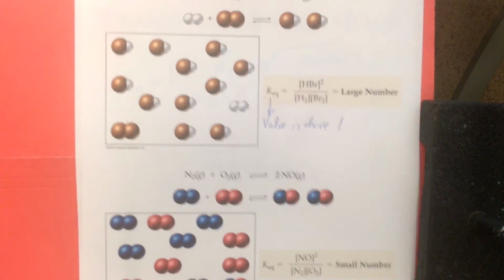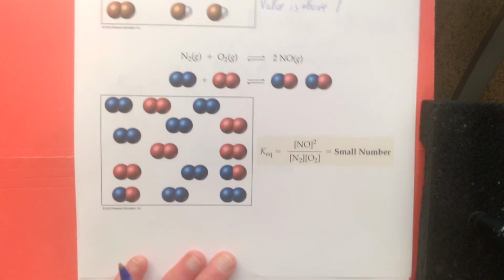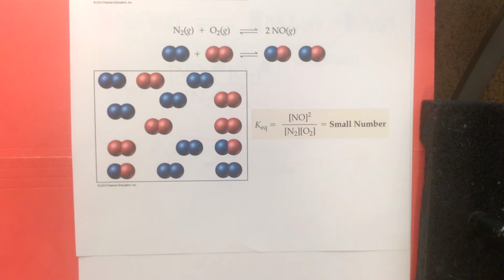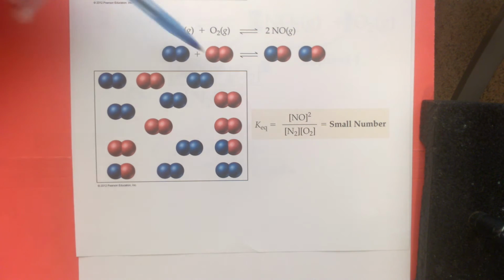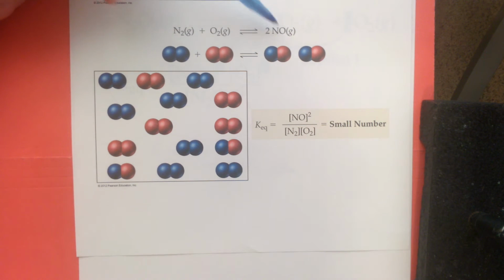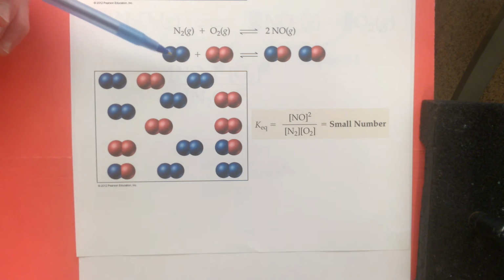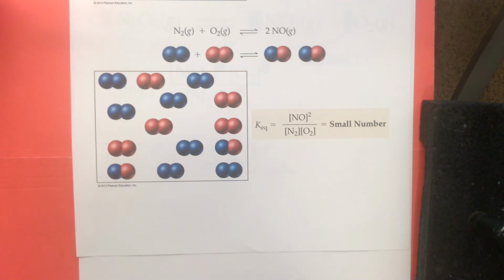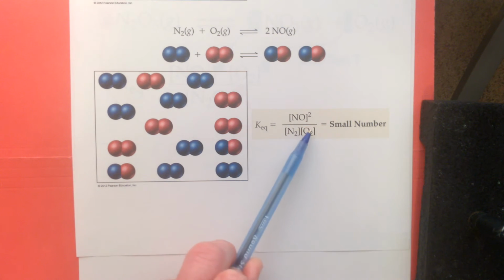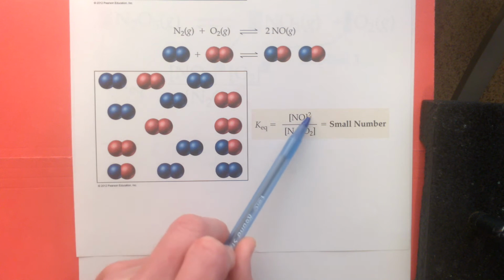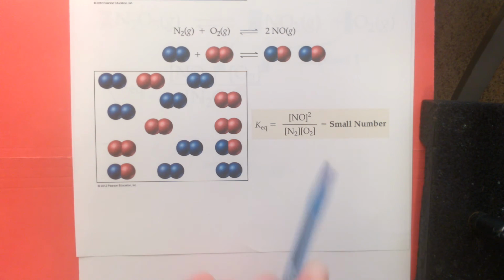In this second reaction I have here, we've got some nitrogen gas and oxygen gas reacting and making some nitrogen monoxide, some NO gas. Equilibrium is established. The forward and reverse reactions are proceeding equally. We write our expression. Again, notice the stoichiometry comes into play.